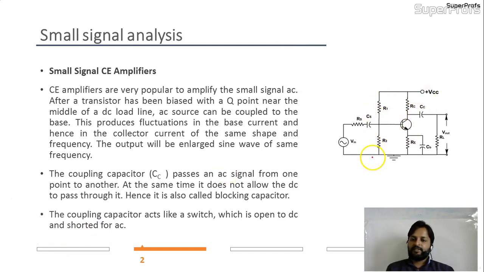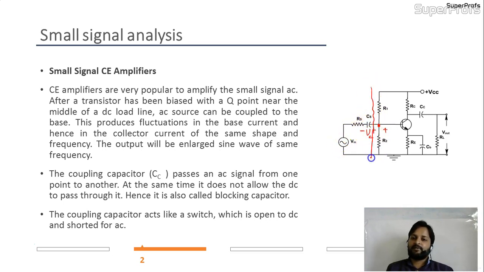Due to this potential divider biasing, there will be a drop at R2. This drop at R2 will charge the capacitor in this way. Let's take some voltage VC. Positive sign will be this side because this is the positive, this is the negative. Now your capacitor is charged. Capacitor charged means you are adding DC to your input.